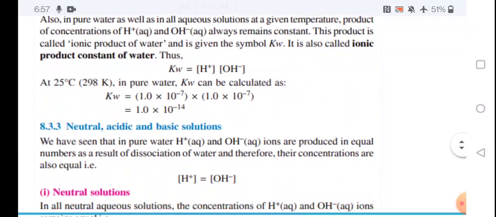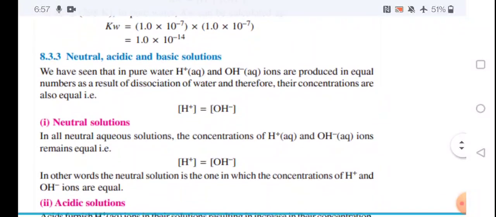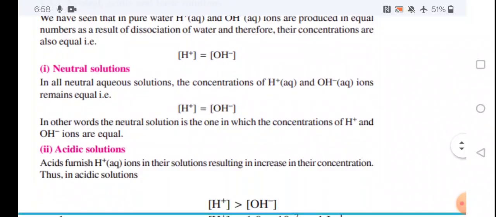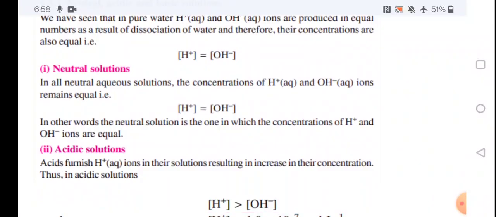So that is the neutral solution. In all neutral aqueous solutions, the concentration of H plus ions and OH negative ions will be the same. In other words, a neutral solution is one in which the concentrations of H plus and OH negative ions are equal.